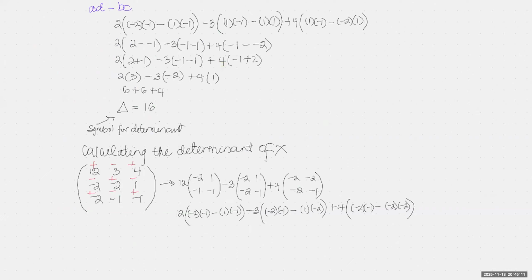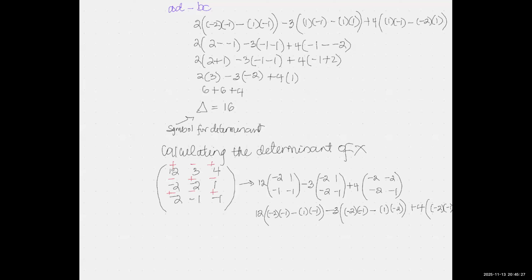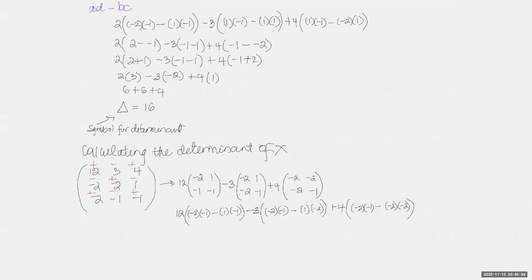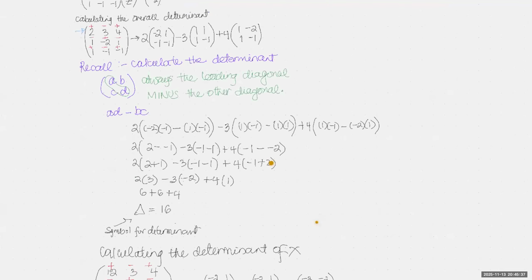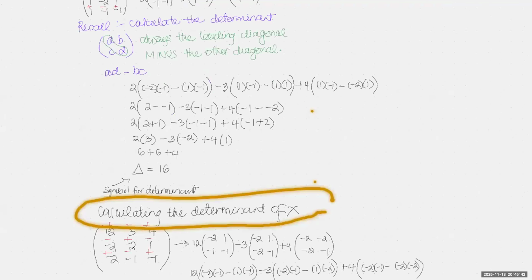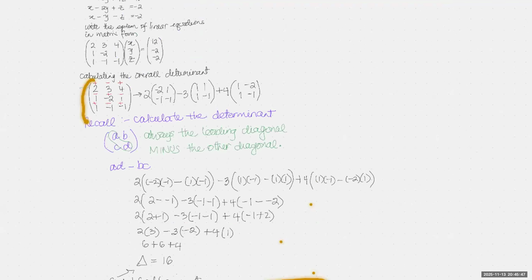Whoever asked about the 12 just now, you see where I get the 12 from? Is it a new matrix or do I get it from up the top? Remember, we said that in order to calculate the determinant of x, you remove the column x and replace it with the 12, -2, -2.